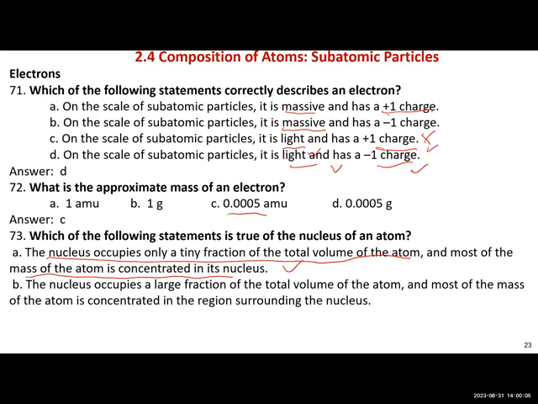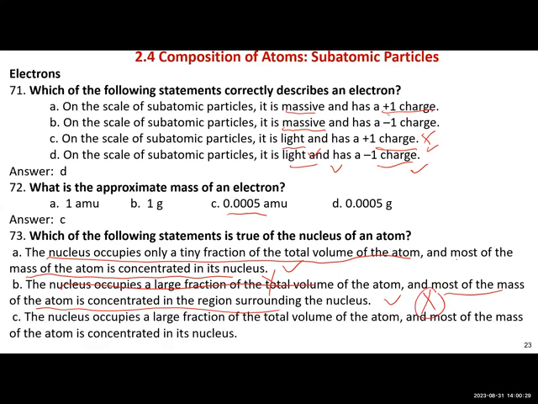The nucleus occupies a large fraction of the total volume. That's false. And most of the mass of the atom is contained in the region. That's true. But a false and a true make the total false.